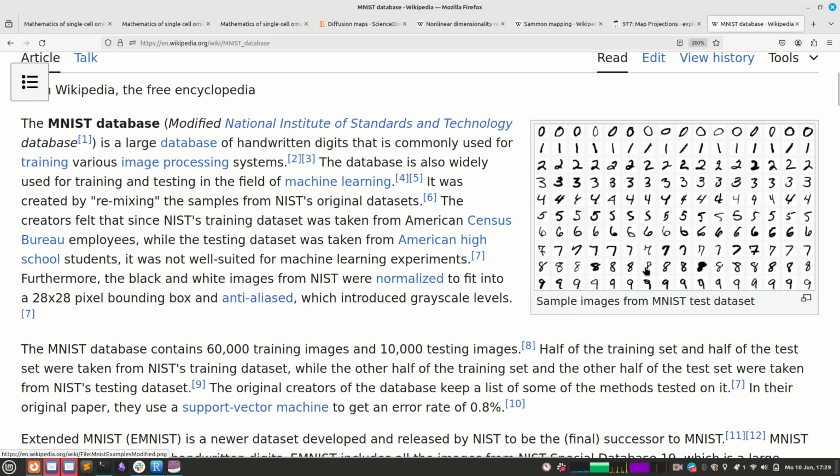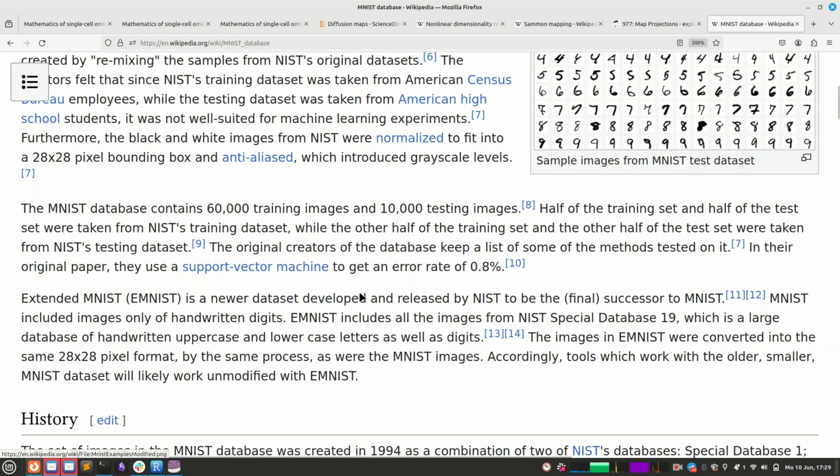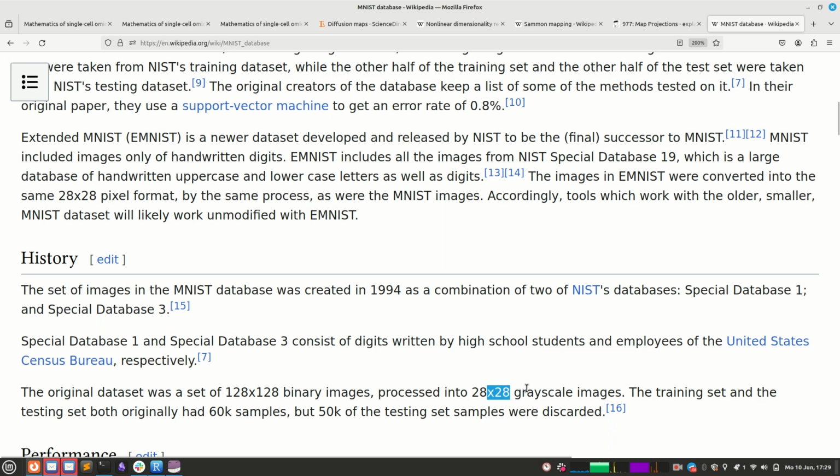And it's now the standard data set that you can download. It's called the MNIST data set, and you can download it from lots of places. Each image is a little grayscale image of 256 by 256 pixels, I think. Or actually, no, I think it's 28 by 28 pixels.